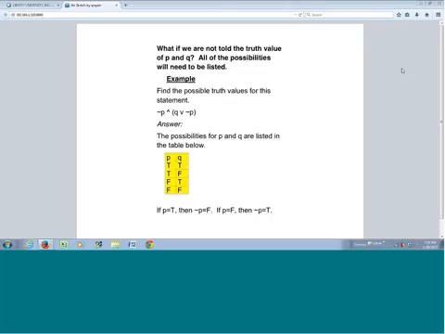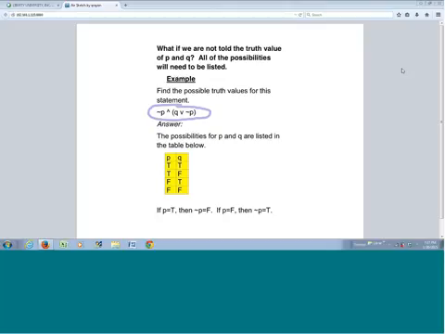But what if we're not told the truth value of P and Q? Then what we're going to need to do is list all the possibilities. So as an example here, we're given another statement, but we're not told the true or false value of each of those P's and Q's. So we need to come up with a list of possibilities.